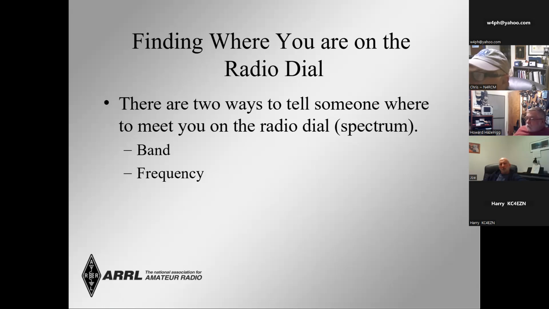When they started with wavelengths, it was very difficult in the beginning of radio to measure frequency because they didn't have the equipment that we have now to measure frequency.